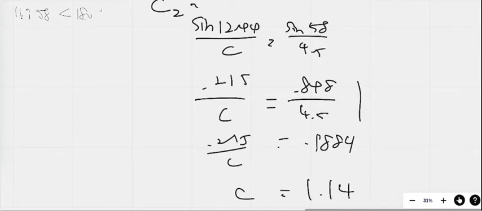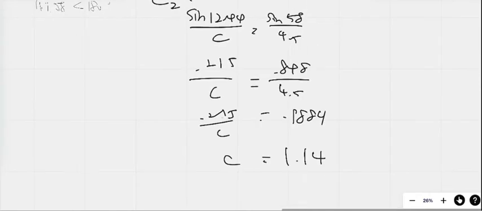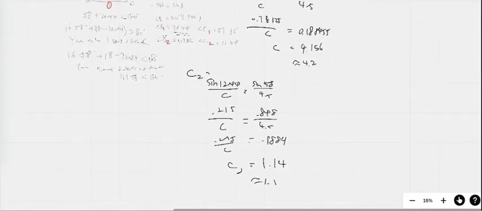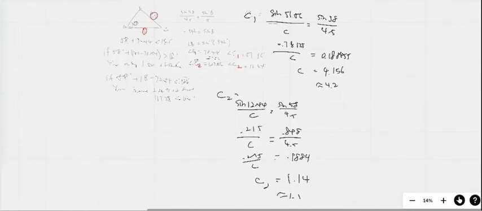In short, you can also mark it as 1.1. C2 is 1.1, yes. So here you go. You have all of these answers.